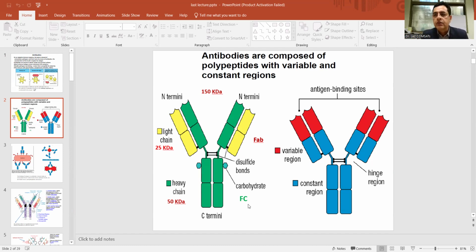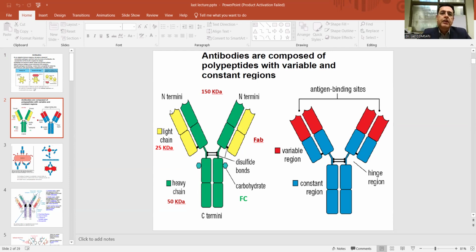This lower, upright part, the Fc portion, you would also have seen as Fc receptors on different types of cells. So many different types of your body cells have receptors for recognizing an antibody. It means the antibody is going to attach to those cells with the help of this region.